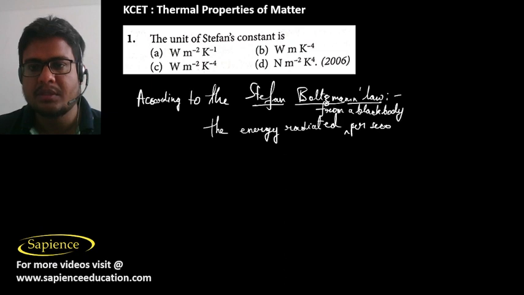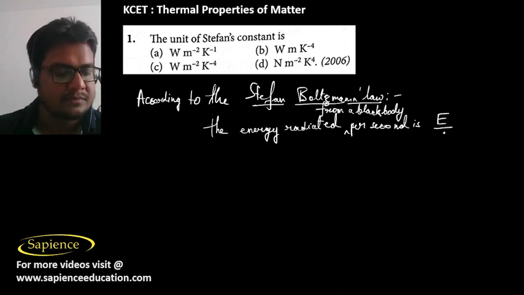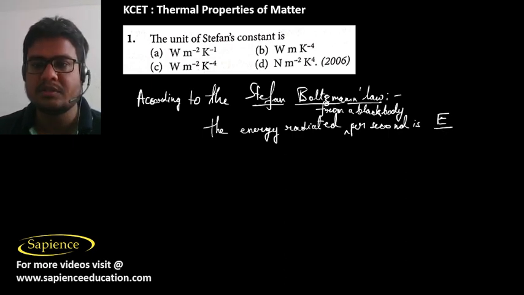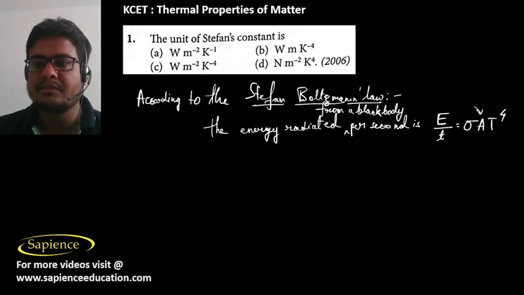So the energy radiated from a black body per second is given as E by t, energy by time, energy per unit time, equal to sigma A T power 4, where A is the surface area of the black body and T is the absolute temperature.